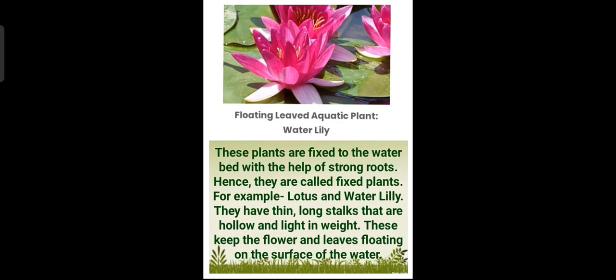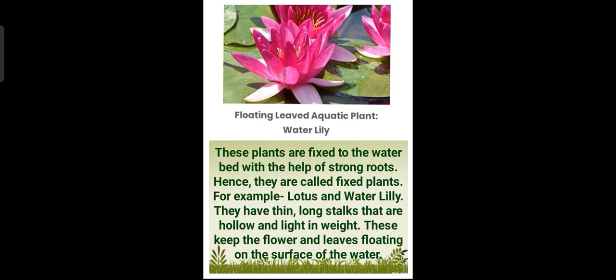Fixed plants. These plants are fixed to the waterbed with the help of strong roots. Hence they are called fixed plants. For example, lotus and water lily. They have thin, long stalks that are hollow and light in weight.